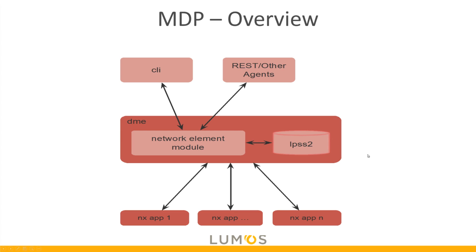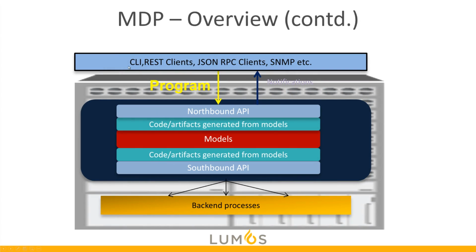Okay? So then this speaks down to the various NX-OS applications that are running as processes. So again, whether we're dealing with the switch from a CLI perspective, from a REST client like Postman, a REST client which is just another programming language like Java or Ruby or Python, or through JSON RPC clients, which we do still support for backwards compatibility, or even SNMP, this speaks to the northbound API.